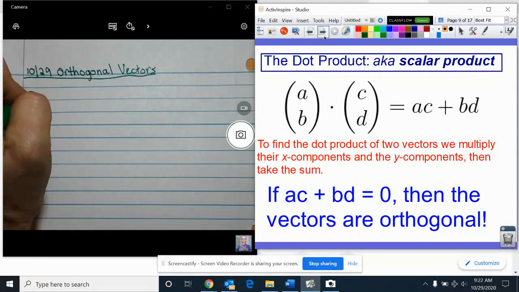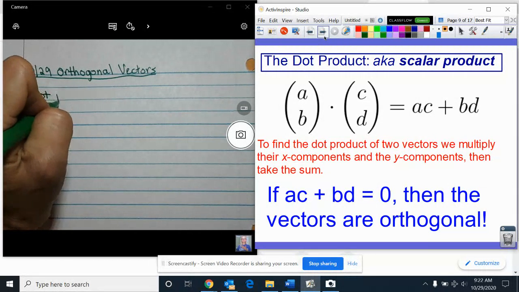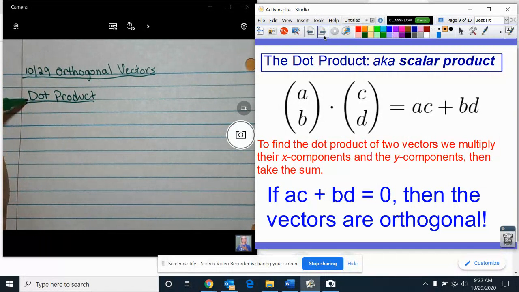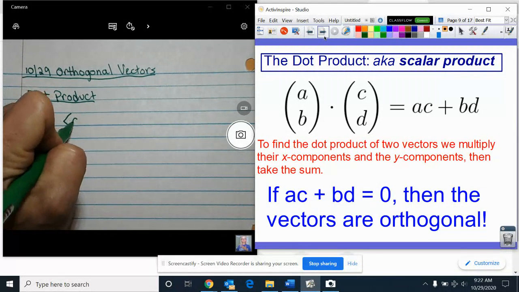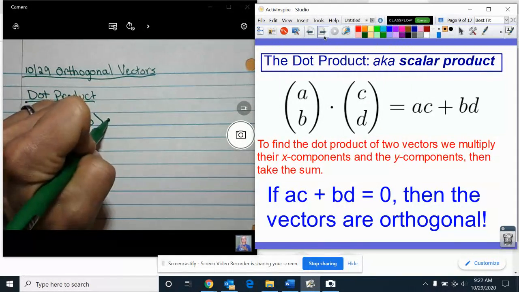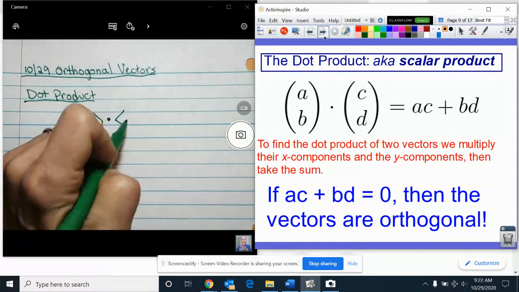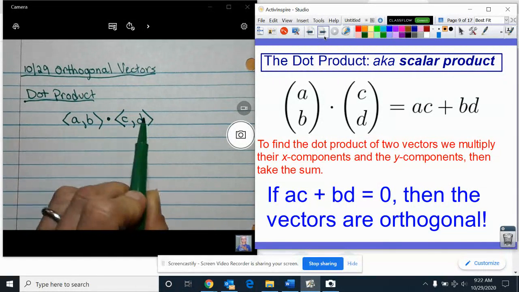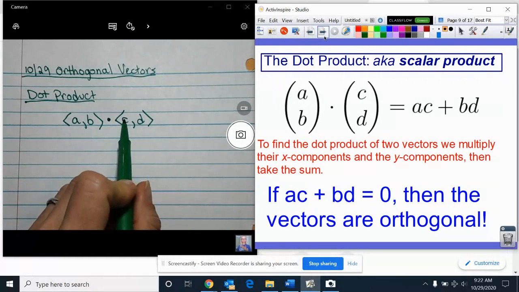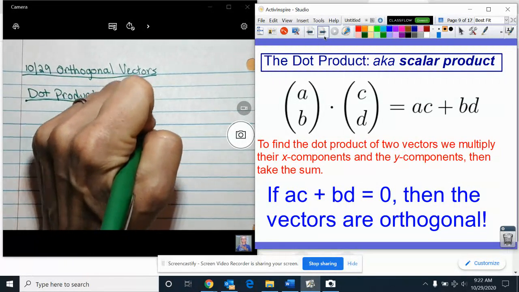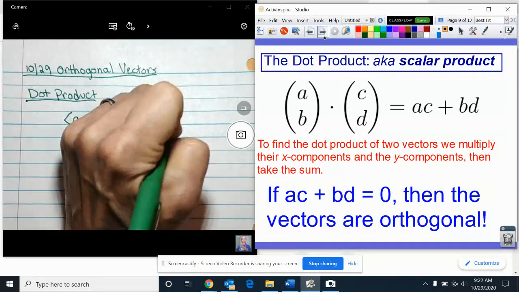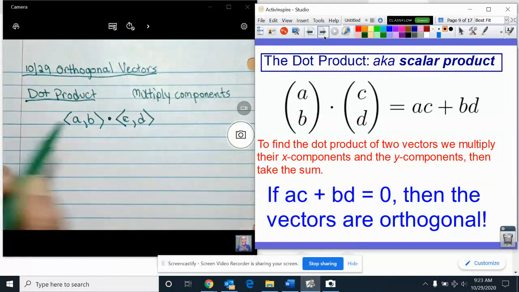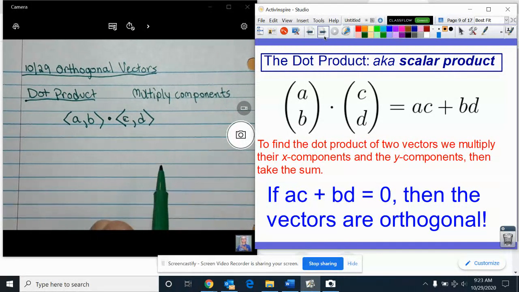And so the dot product, good thing to put in your notebook. Dot product. We take two vectors, and when we find the dot product, we are multiplying component by component. So multiply components. And it's really corresponding components.